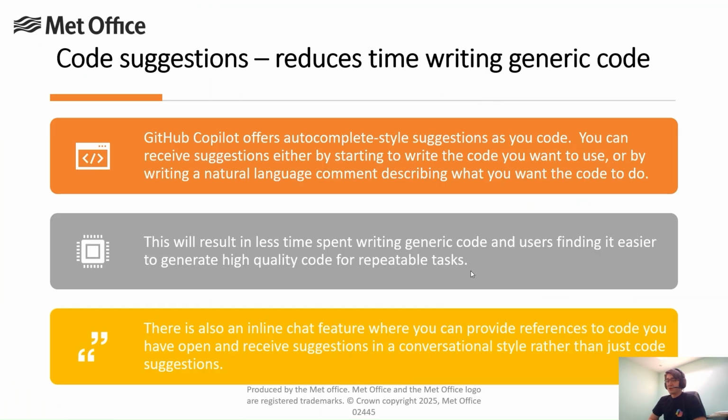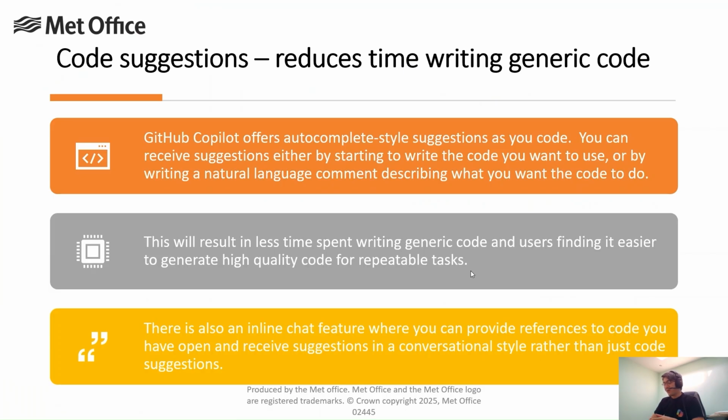So the basic feature that it offers is autocomplete. What that means is as you are coding, you will see as grayed out text what it thinks you would like to complete that line as. So you can just press tab and then it will fill out that line for you.